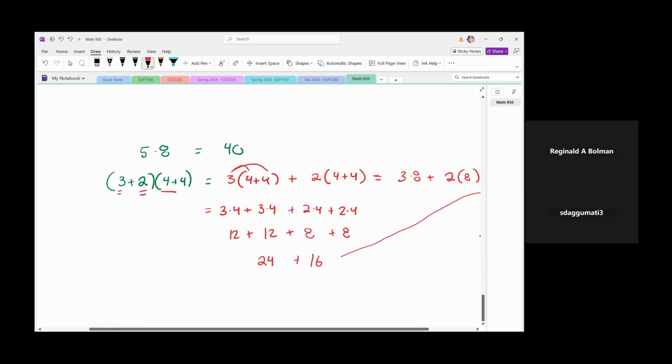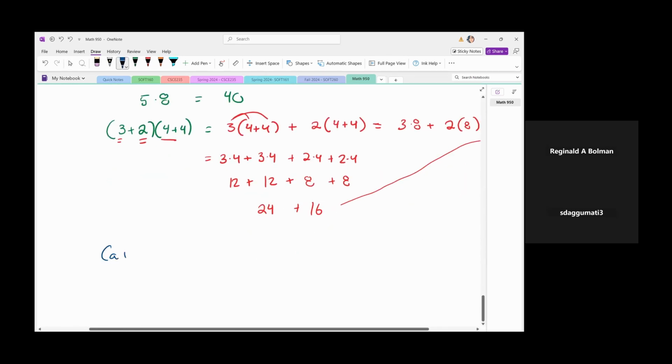This process of taking your first term added with the second term, and multiplying it with the first term of the second set of parentheses added with the second term of the second set of parentheses, this is called extended distribution.